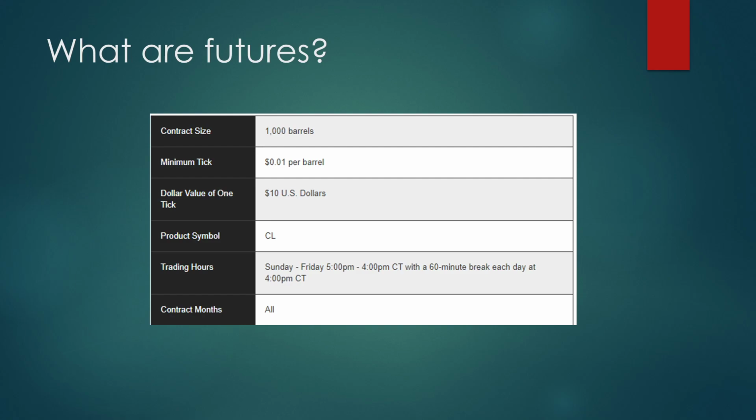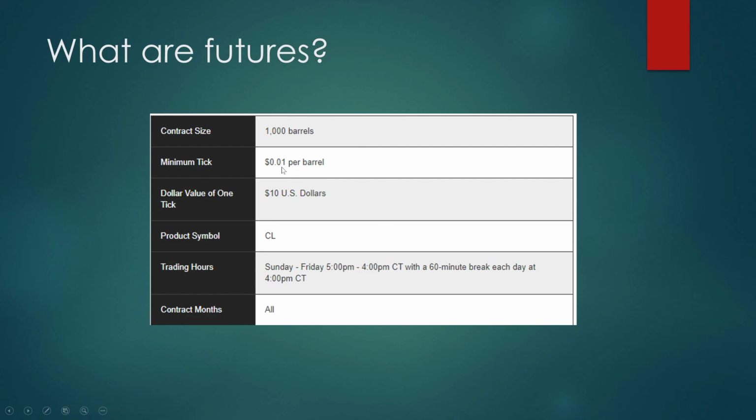So if we look at this contract for crude oil, we can see one contract is 1,000 barrels of oil. And your minimum fluctuation is going to be 0.01, and that is representing $10. So how do you process this? All that means is that if you buy one contract of crude oil, you are saying, I want 1,000 barrels of oil.